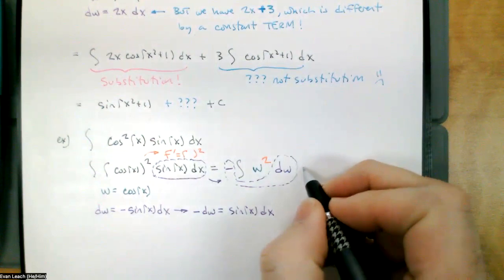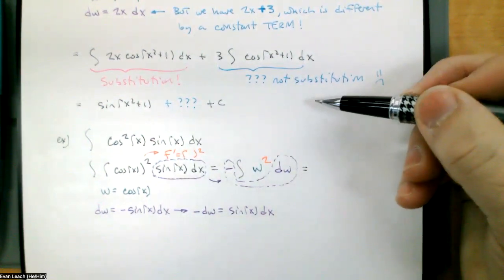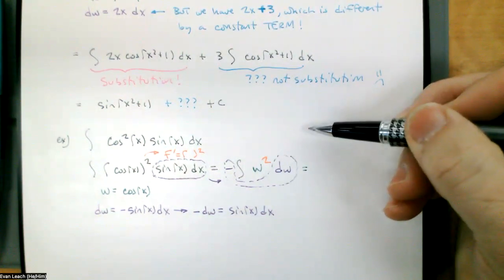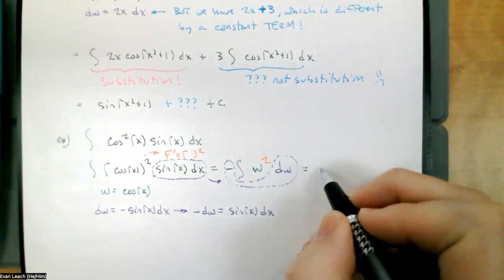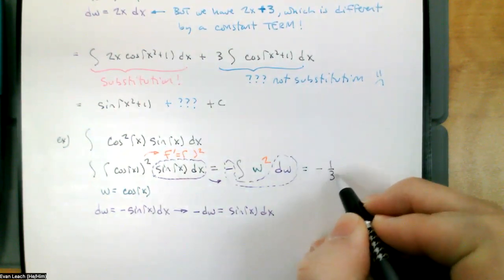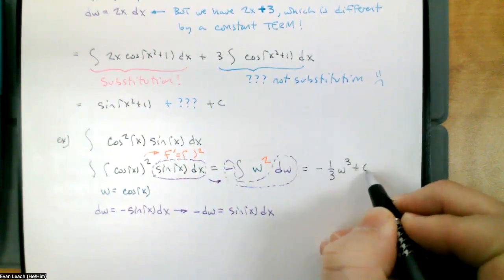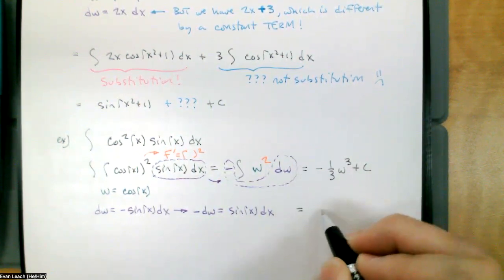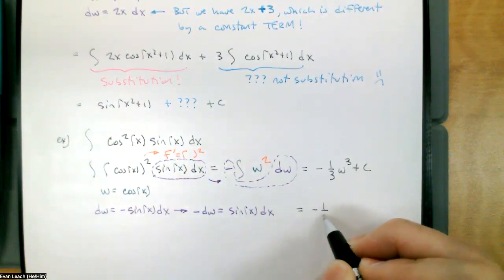Now I've got our integral in w. So we've gone from our integral in x to an integral in w. Now we integrate. So minus 1/3 w cubed plus c. And then we go back to our original x.